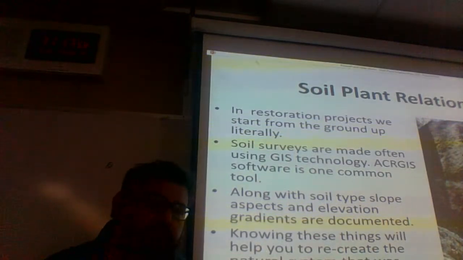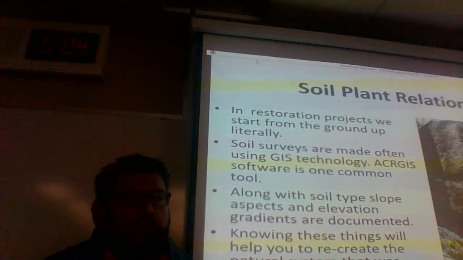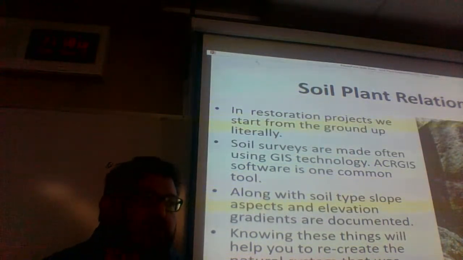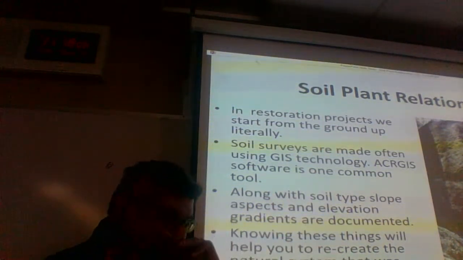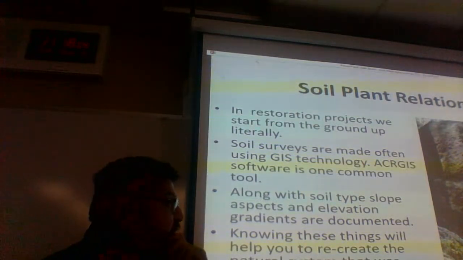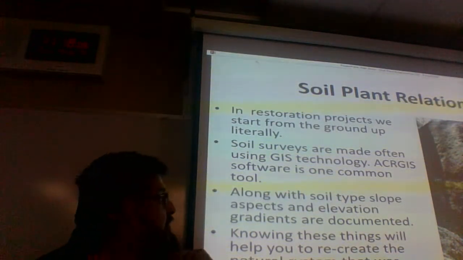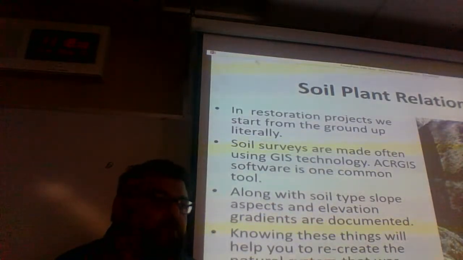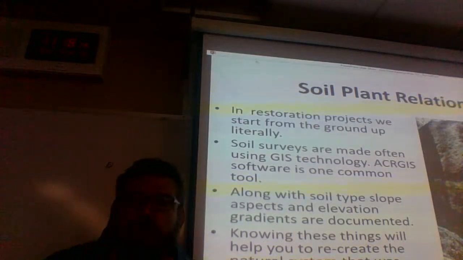Remember, in a restoration project, I'm not a farmer. I'm not watering the plants. I'm not fertilizing them. I have to put them out there and let them do their own thing. So it's important I put the right plants out there. And we do that with ArcGIS and different GIS technology. We make soil maps. We upload soil maps from the computer to see what's going on and where it's at.